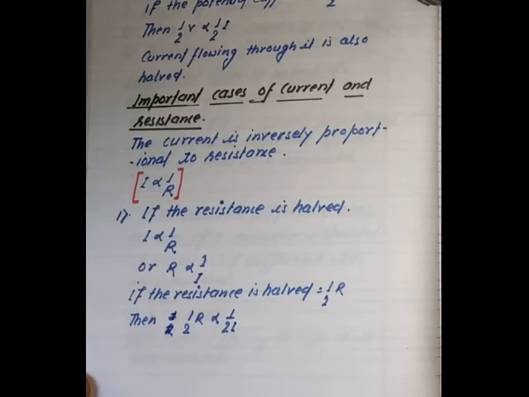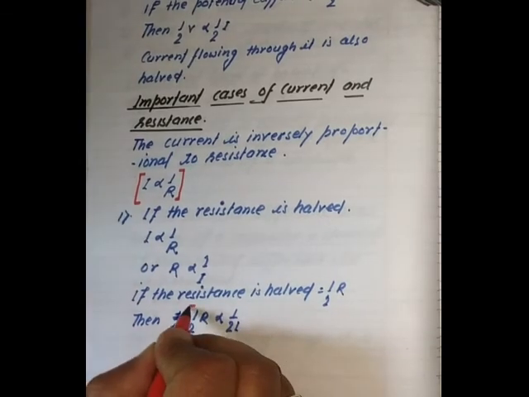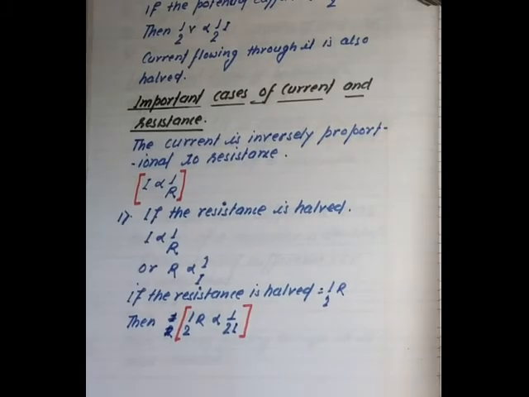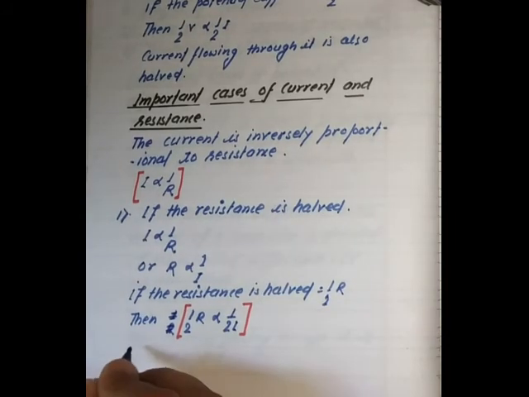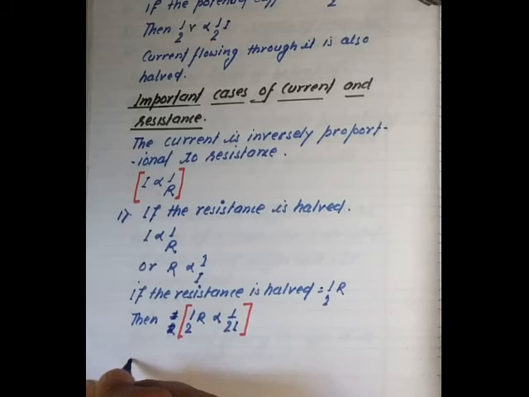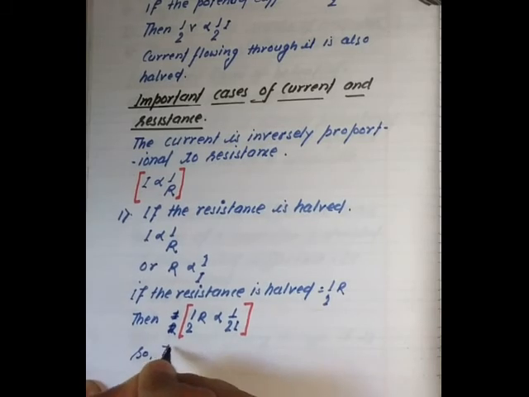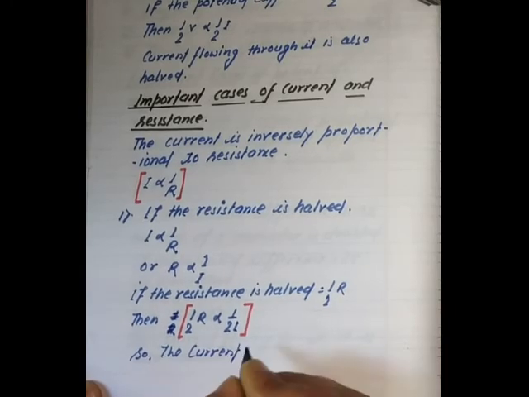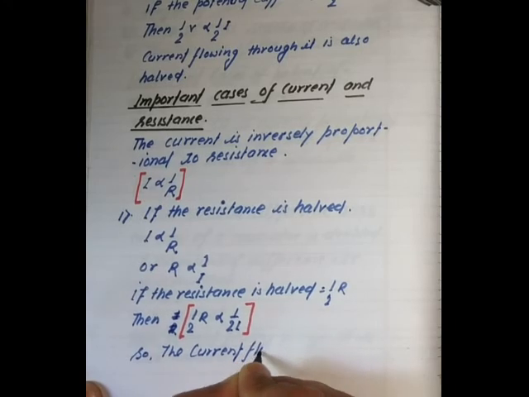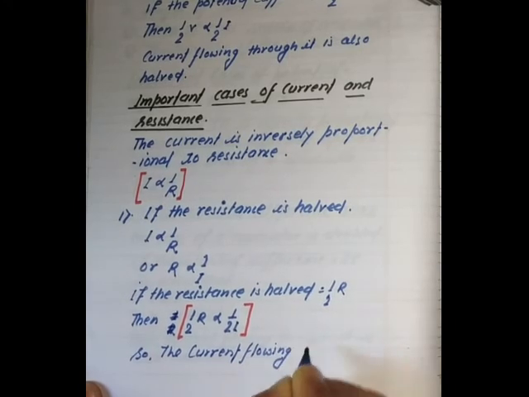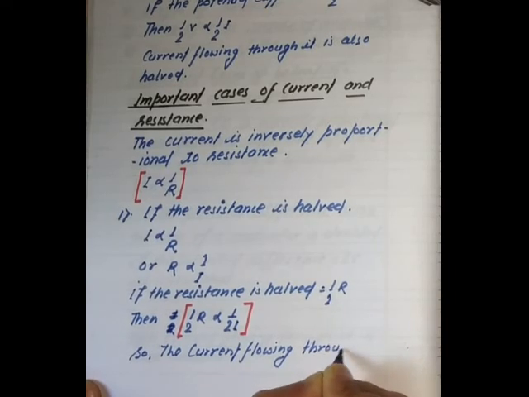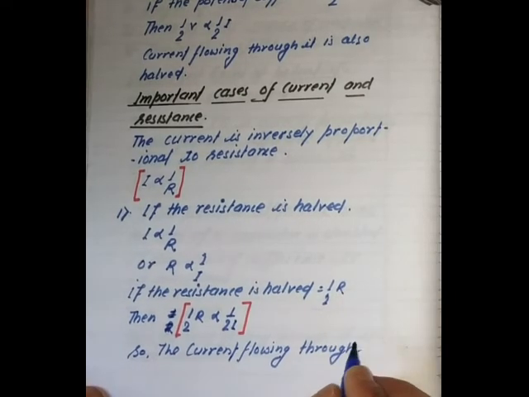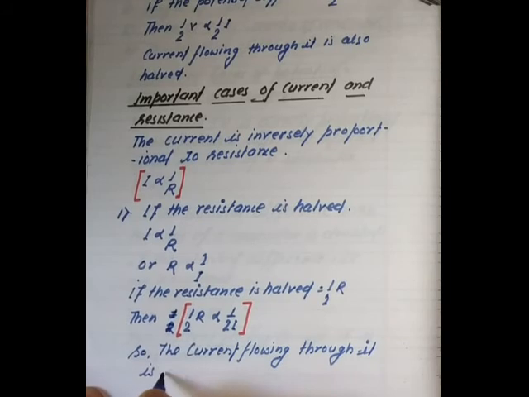From this equation we got that the current is double. So the current flowing through it is doubled.